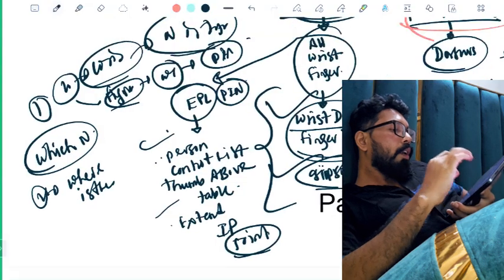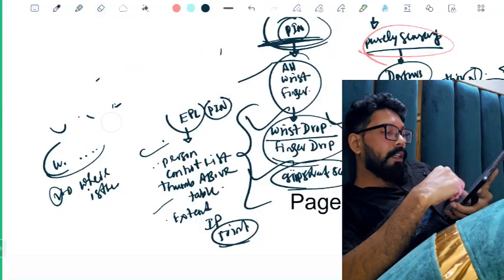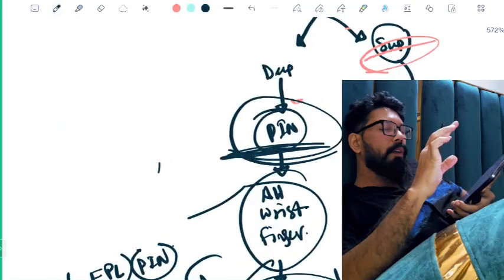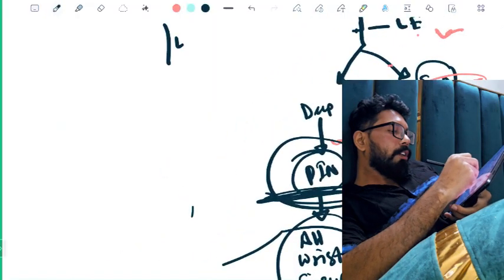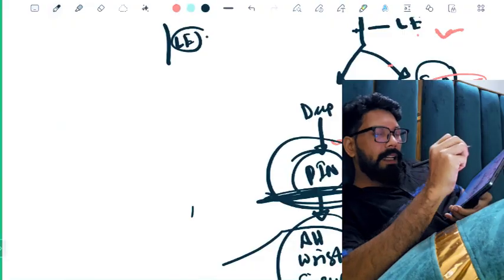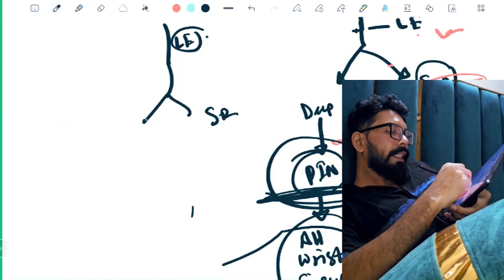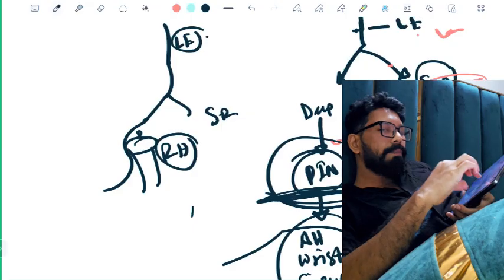Of course, remember, this is the smart way to ask the question. Okay, where is the injury? Do you remember how PIN came? What did I tell you? That the radial nerve will cross the lateral epicondyle, and what will happen? It will divide into two branches, superficial radial and deep radial. Now the deep radial crosses the radial head.